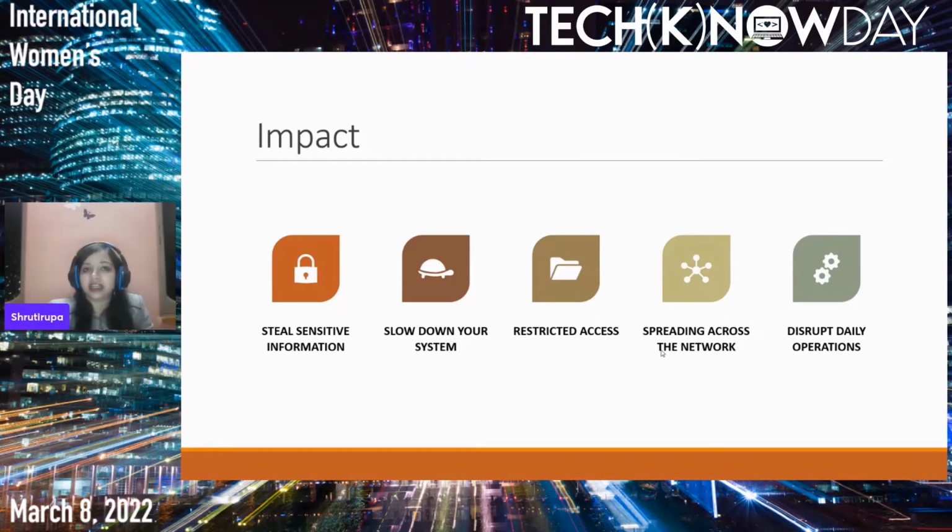Initially, in the very beginning, when malwares were not that famous, in the early times when the first computer came into the picture, and the first programming language, at that point of time malwares were just created for slowing down your system.